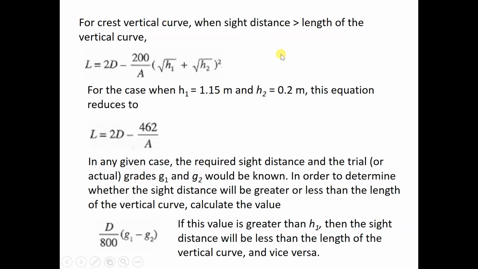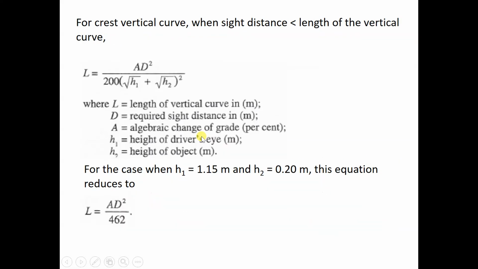Then we have L equals 2D minus 200 over A times the square root of H1 plus the square root of H2, the whole thing squared. Putting in the values of H1 and H2, we simplify to L equals 2D minus 462 divided by A. So when the stopping sight distance is longer than the curve length, we have two terms. When it is shorter, we have one term.